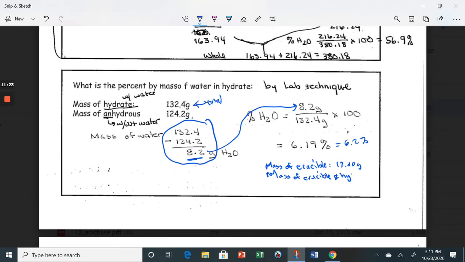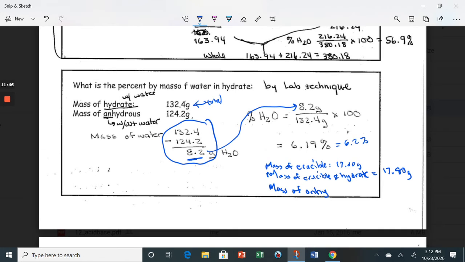And you would then say, okay, that's everything, the crucible and the crystal together. So I'm going to say 17.80 grams. And then mass of anhydrous in crucible, because you heat it in a crucible.